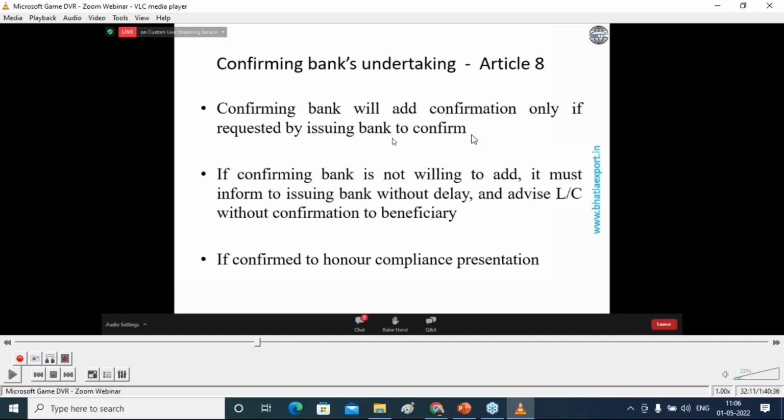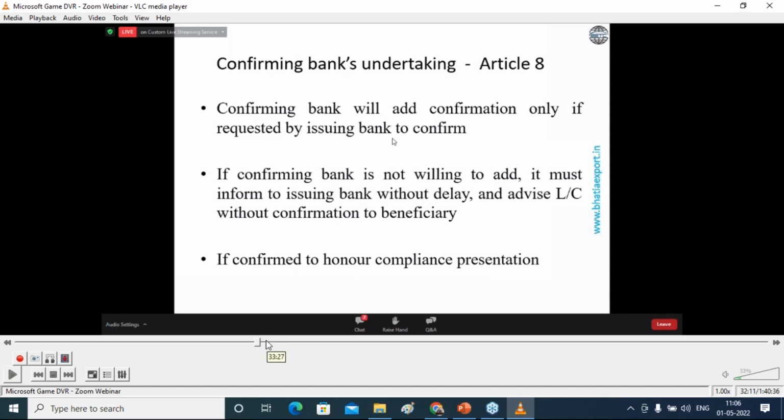If the confirming bank is not willing to add confirmation, it must inform the issuing bank without delay and advise the LC. If it is confirmed to honor a complying presentation, then the confirming bank takes the obligation to release the payment.